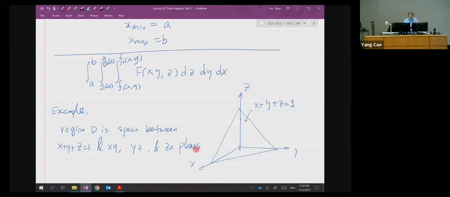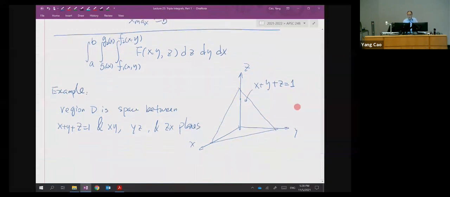Sometimes if the question doesn't sketch it for you and just gives you a description like that, you have to be able to sketch it. Essentially, the region D is the corner, but of course with the plane on top of it. That's your region D. And I want to find the volume of this region D. This is very much like an application.